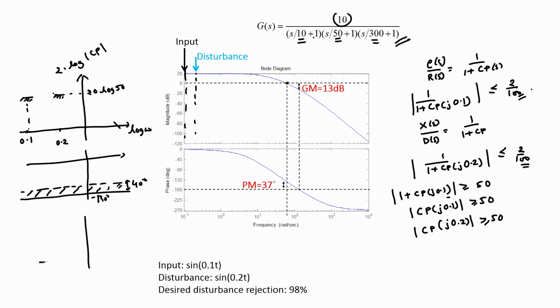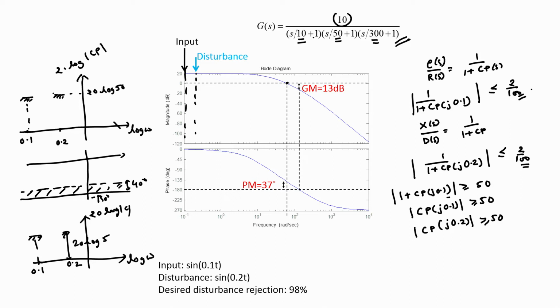So, if one were to draw the required gain for the controller C, and this is log omega, this is 20 log magnitude of C, we note that the controller should have a gain of at least 20 log 5 at 0.2 radian per second, and likewise a gain of 20 log 5 also at 0.1 radian per second.